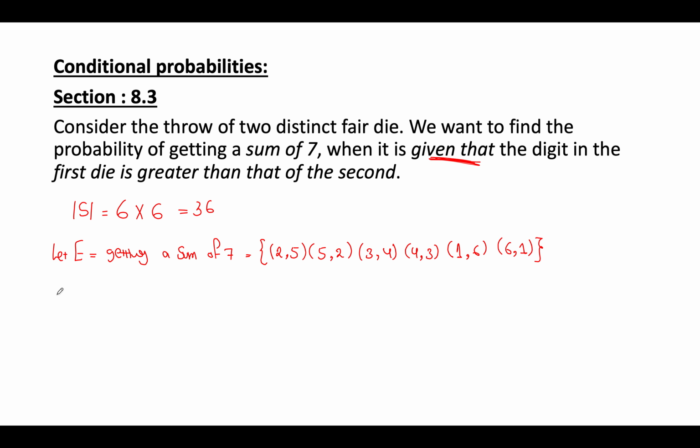Okay, now let F be the event that the digit of the first die is greater than the digit of the second die.